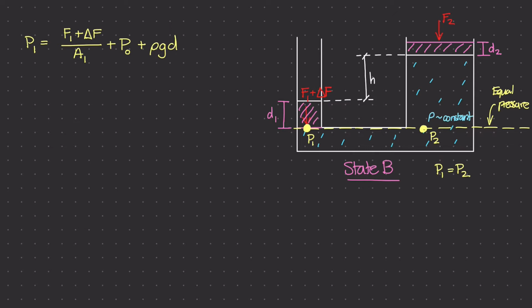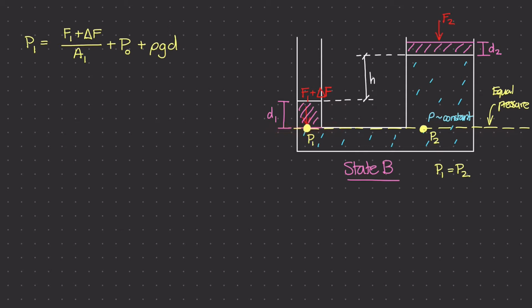And remember, d is the distance from P naught down to the point that we're studying, and that's going to be a positive distance. But if piston 1 is already at this line, that is where P naught is, right? This line right here is open to the atmosphere above, and we're studying P1 right at that line.